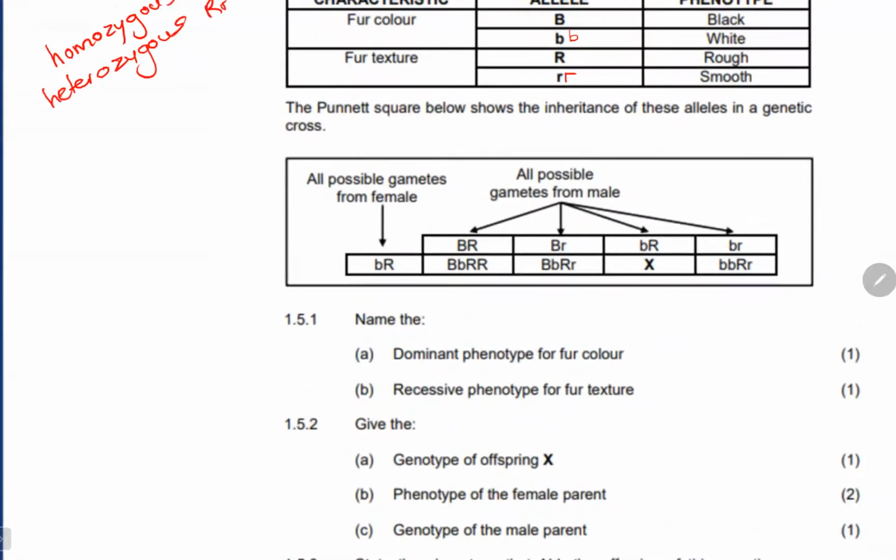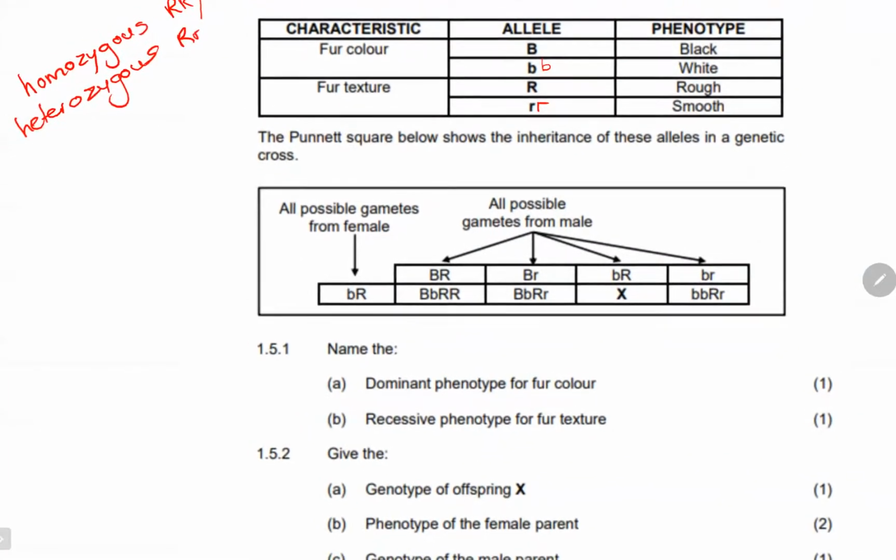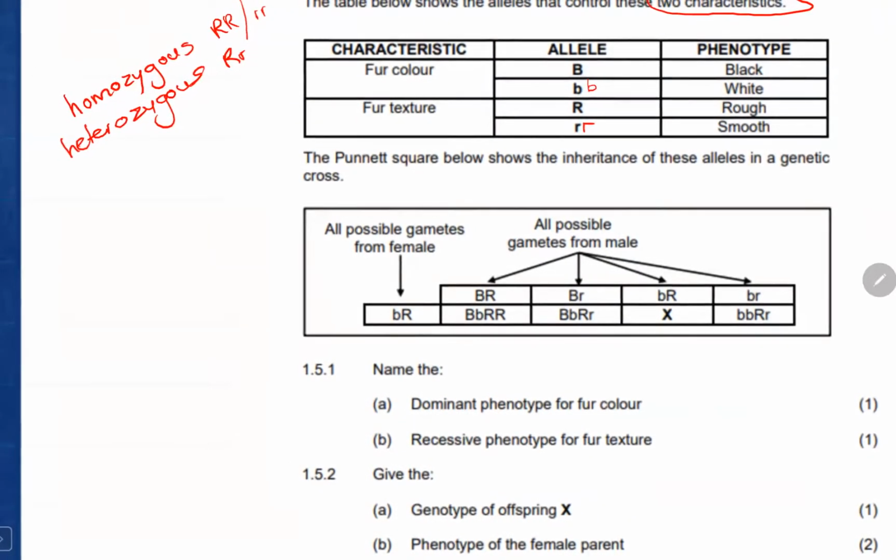Remember, we can see that by the capital indication, and we're just working with fur color, so we must just look at the first block, and that dominant phenotype is black fur. Recessive phenotype for fur texture: now they're looking at the second block. They just want to know the recessive, and that is always the small letter, and that is smooth.